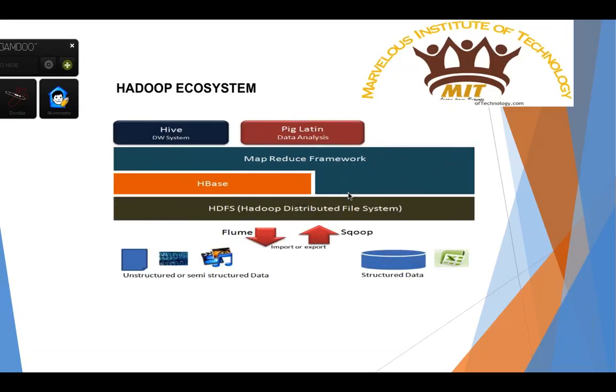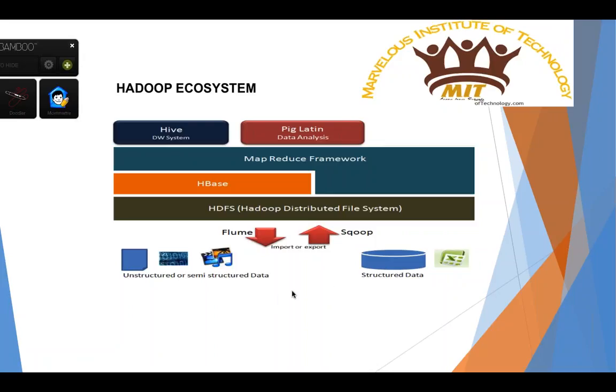And what is the ecosystem? The ecosystem is a collection of different types of tools in HDFS to process different kinds of data. We'll have a look at them. This diagram shows that we can store any type of data, as we saw yesterday, into HDFS.